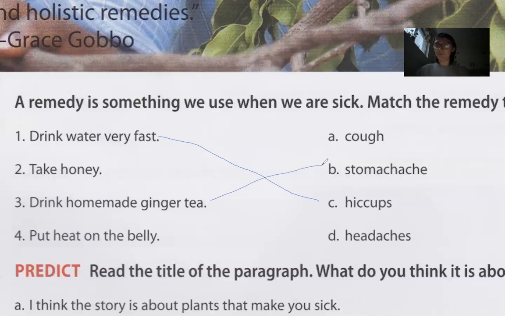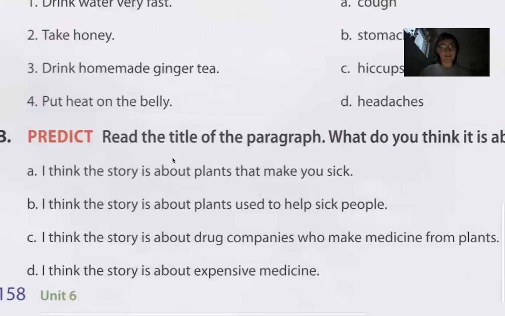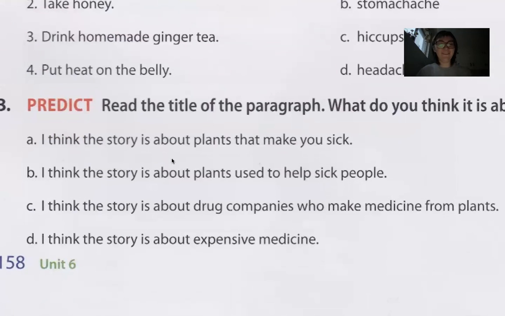A ginger helps your tummy feel better. You can take honey with a cough, and then you can put heat on your belly for headaches, or maybe you do that for stomach aches. I'm not sure why putting heat on your belly would help with the headache, but I don't know. So not sure how true these are, but it's what we're reading.